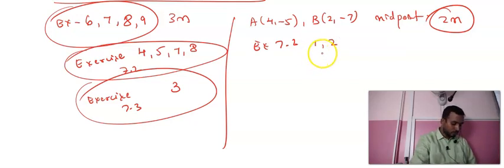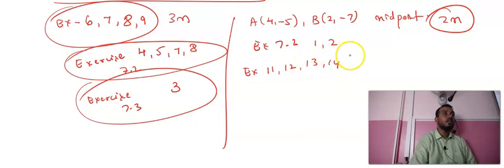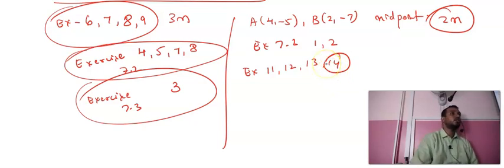And in area of triangle, examples number 11, 12, 13, 14. Question number 14 is quite important.